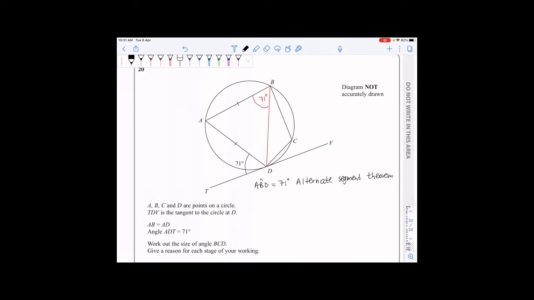And then we have ADB, the angle here, should be also 71 degrees because angles at the base of an isosceles triangle are equal. So that's 71 degrees.